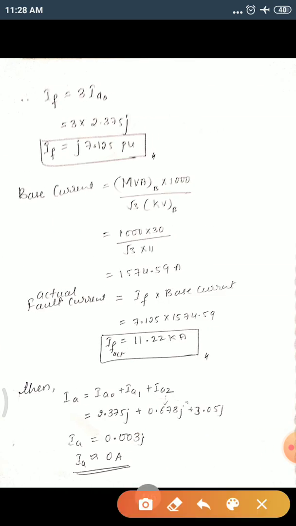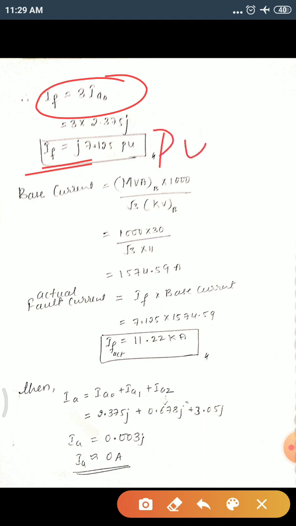Once you have calculated that, we can calculate the fault current as well. In a double line to ground fault, the fault current will be equal to 3 times IA naught. IA naught we have calculated, just substitute in this formula and you get the fault current.